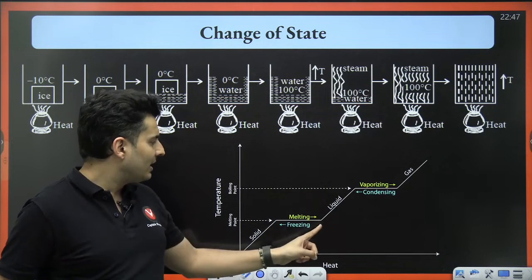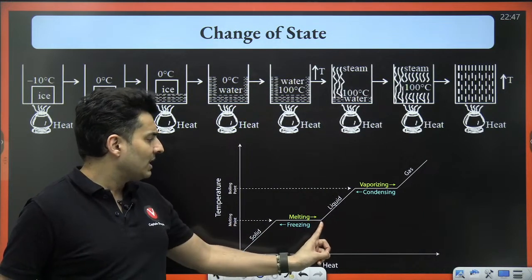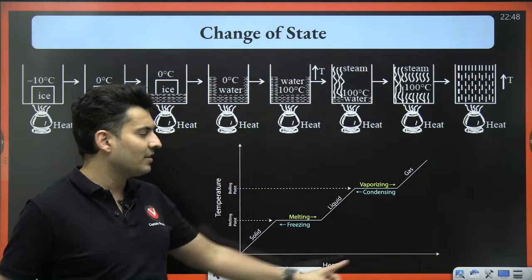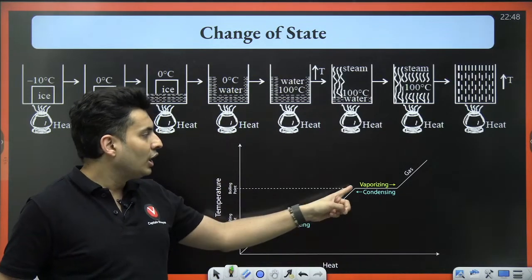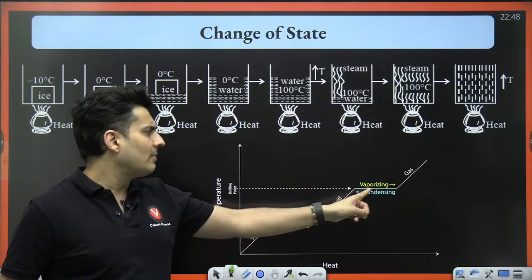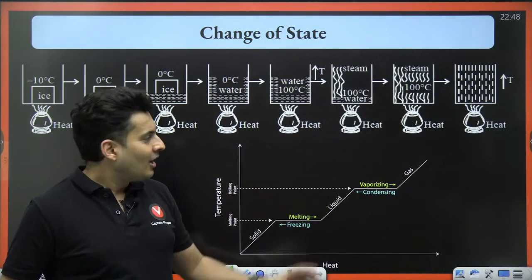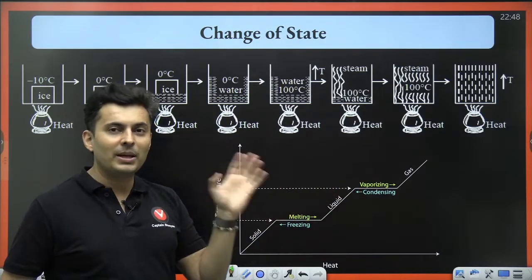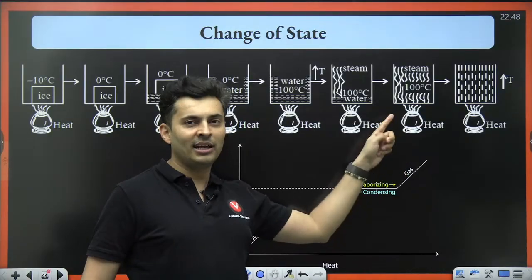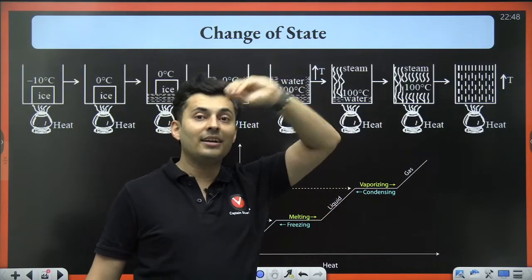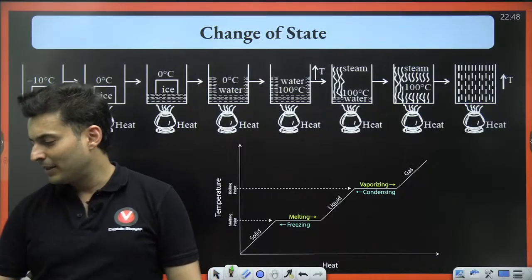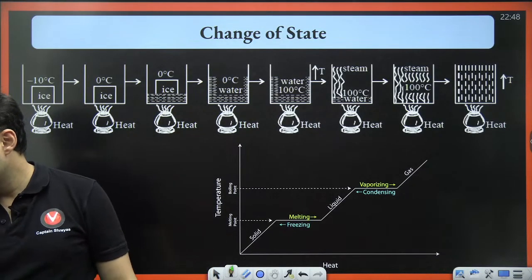This is the temperature, this is the heat. It rises until it reaches 100 degrees Celsius, the boiling point. Then the temperature does not change until it converts completely into vapor, and then 100 degrees Celsius steam will become 101, 102, 120, 150 degrees Celsius steam also. Is that clear, my dear students?